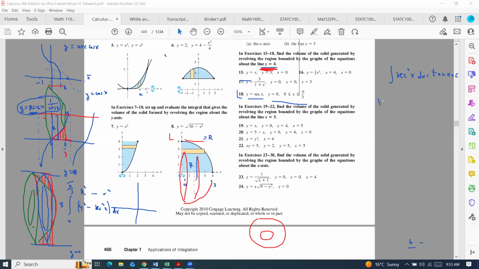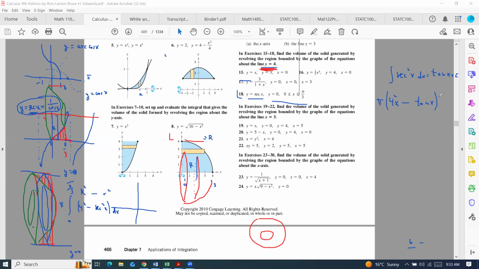So we end up with pi, and then the antiderivative of 4 is 4x, and then it's actually not 4, it's 4 squared. Okay, 4 squared, whatever, 16, minus the tangent, right? Secant squared, that's tangent. See tangent squared? No, it is just tangent.